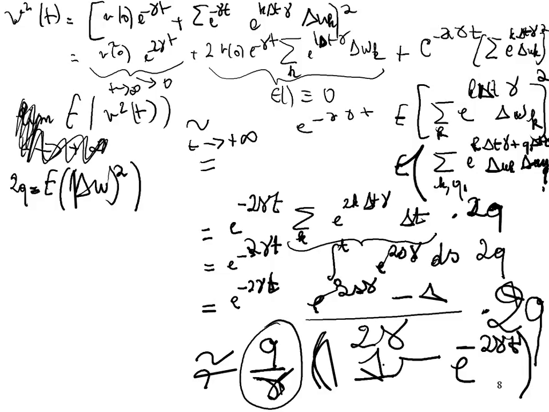So finally, what we have found here is that, using the Boltzmann identity for the limit of the velocity, we have studied the expectation of v_t squared as t goes to infinity, which was converging to this quantity.